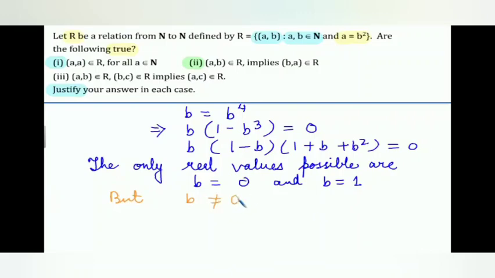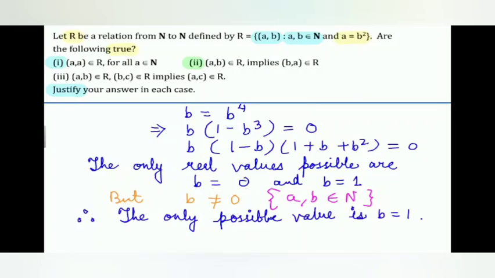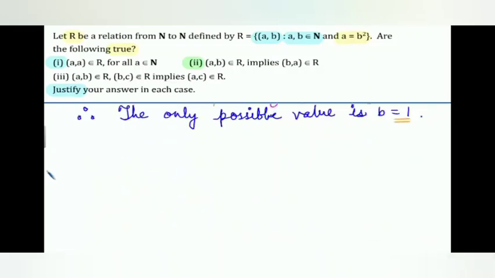But 0 does not belong to the natural numbers, because a and b both belong to natural numbers. The only possible value is b = 1.